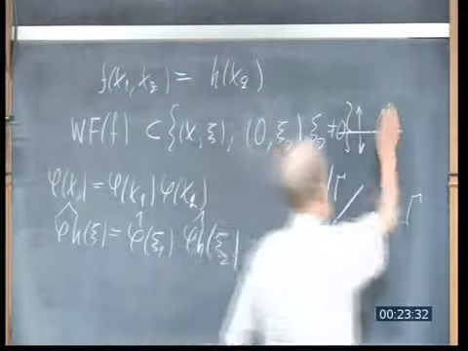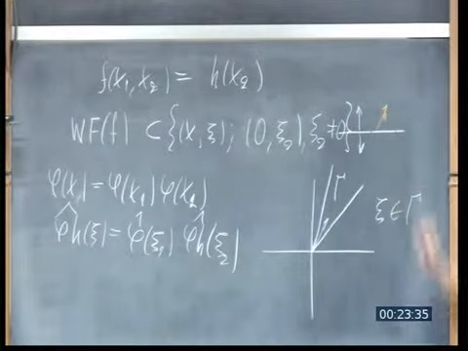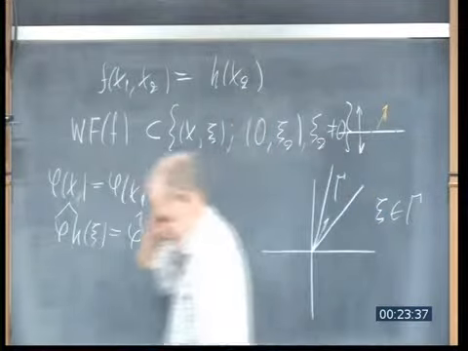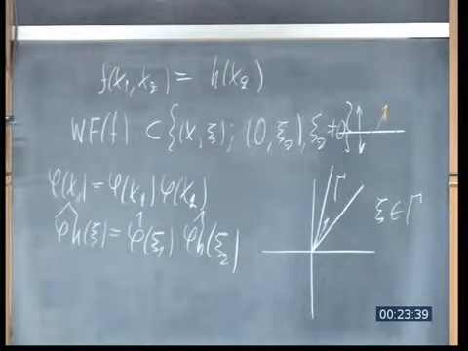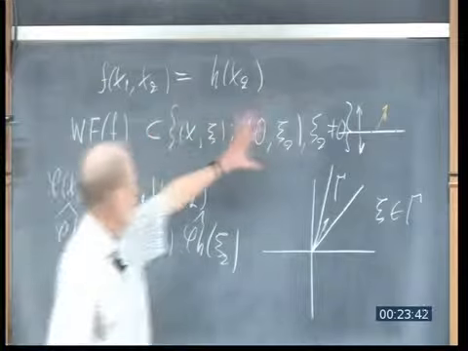So this argument proves that such wavefronts cannot occur if there is such a function. And also, of course, if h is smooth, there is no wavefront at all.